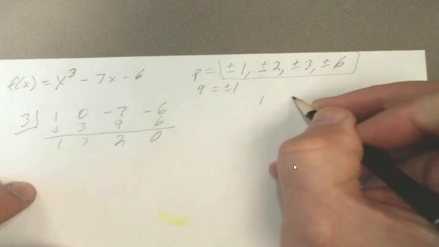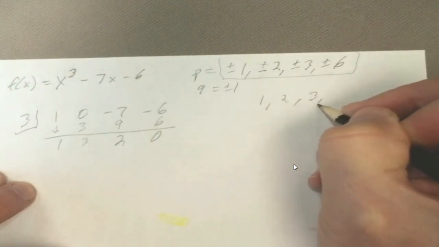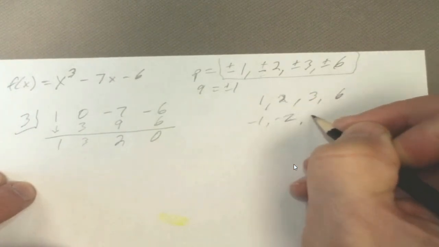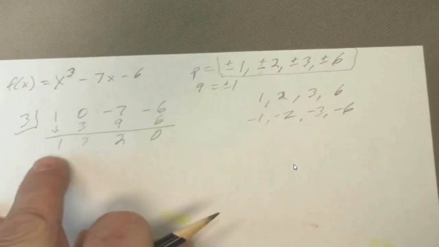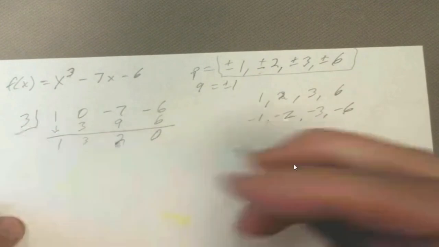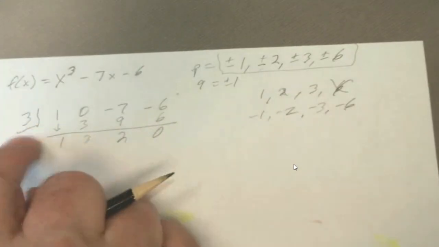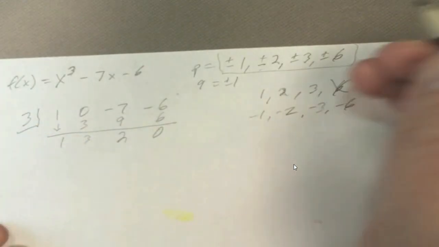So when we're testing all of our factors of 1, 2, 3, 6, -1, -2, -3, -6, when we did 3, 6 is not possible. 3 is the largest possible. It's the upper bound.